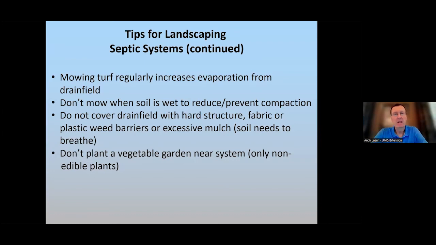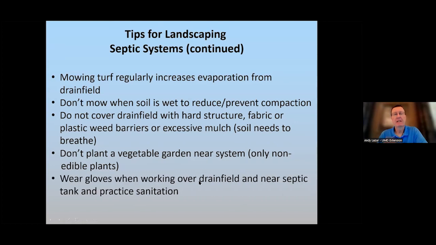You don't want to expose people or your edible plants to wastewater, for obvious reasons. And if you are planting, wear gloves, use some common sense sanitation practices. Wash your hands, because it's possible that you might get some bacteria from working over a drain field.